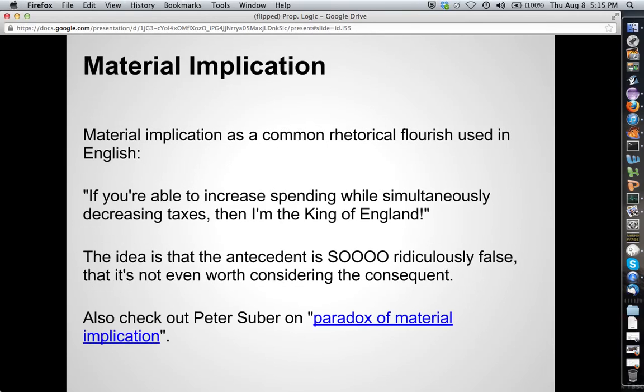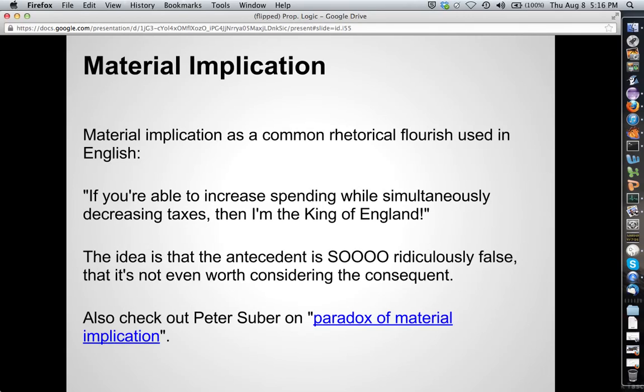And in English, believe it or not, there's a common rhetorical flourish when people are talking that comes out of this. So you'll sometimes hear people say, like, if you're able to increase spending while simultaneously decreasing taxes, then I'm the king of England. Or like, well, if you're 7 feet tall, then I'm the king of England, or something like that.